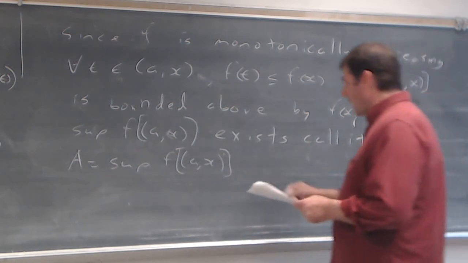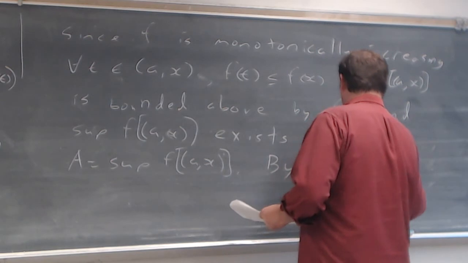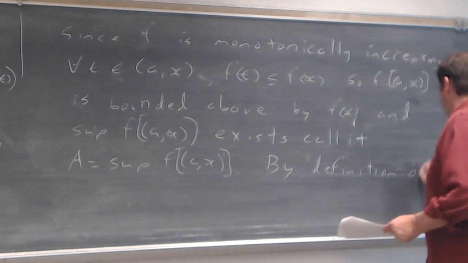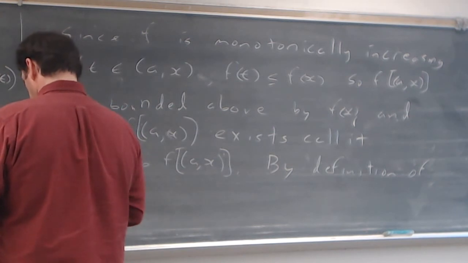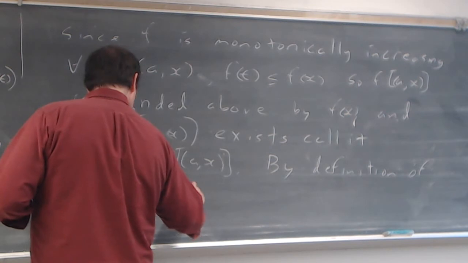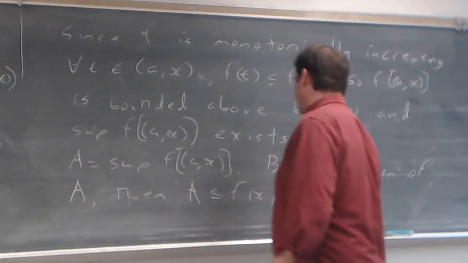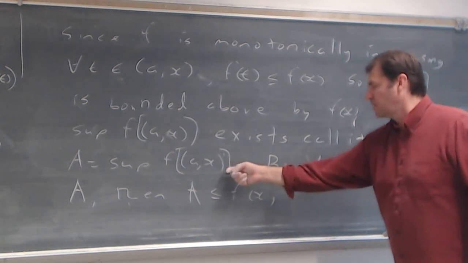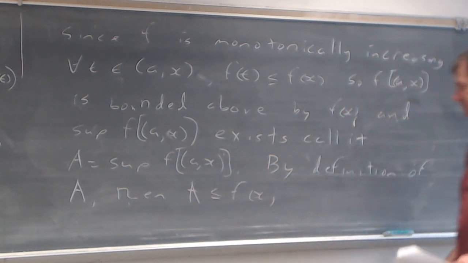By definition of A, A is less than or equal to f of x. Look, f of x was an upper bound of this set, and this is the least upper bound. So A has to be less than or equal to f of x.